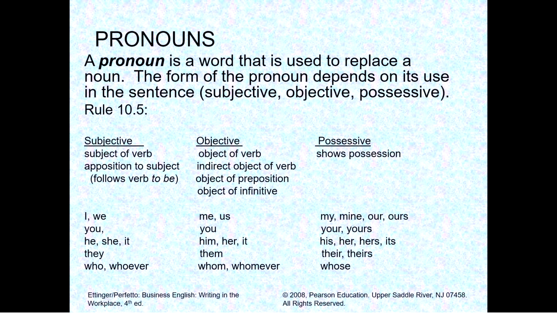It sounds weird, but it just doesn't fit. So you can't put me as a subject. It's always "I'm coming home." So I is subjective, objective is me. Just remember those two, and you'll have a good understanding of the rest.